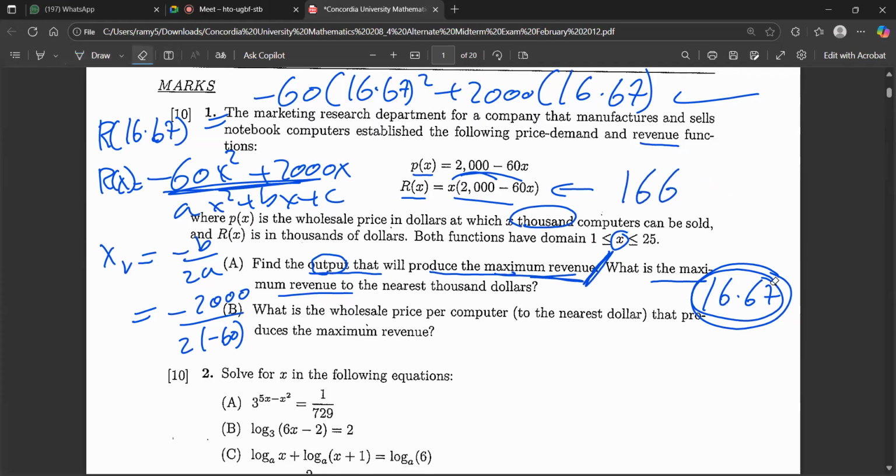It will be written as 16.7 thousands of computers. And the revenue, just multiply it also by 1000, because it said revenue is in thousands.